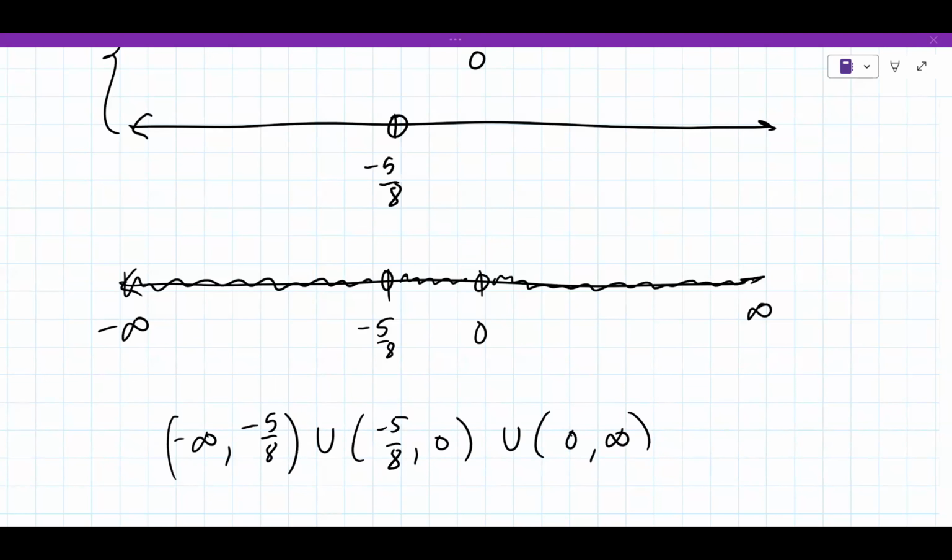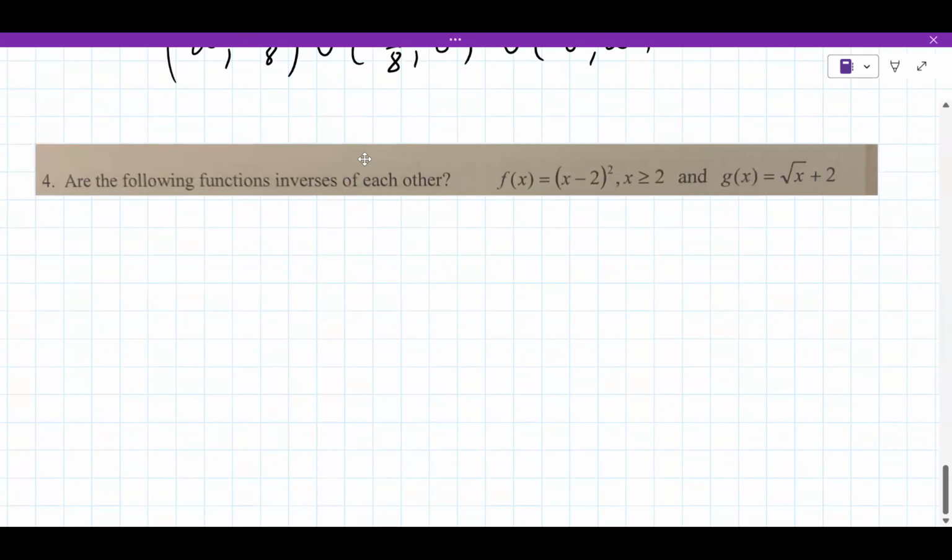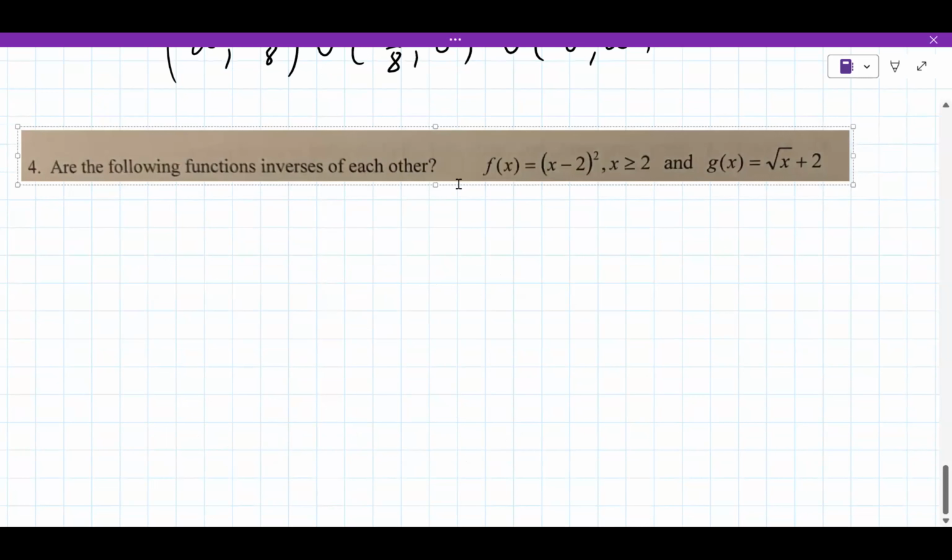All right. So next set of questions, next grouping, kind of moving to inverses of each other. Are the following inverses of each other? There's a couple of ways to do this. One is to actually determine the inverse, and then the other is to use composition. Do you know which way you were doing in class?